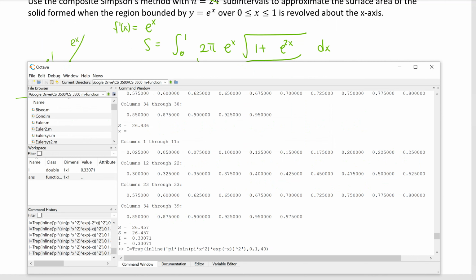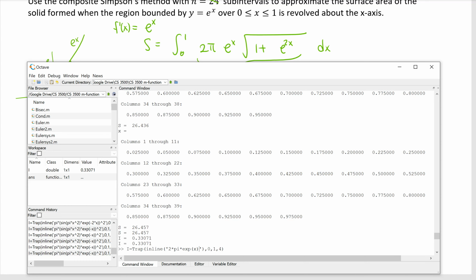So here we want to do the Simpsons method. So not trapezoid. Other way. For interval 0 to 1 and the function. What is the function now? The function is 2 pi. So 2 times pi. Don't forget the times. And then times e to the x, so e is exp of x.